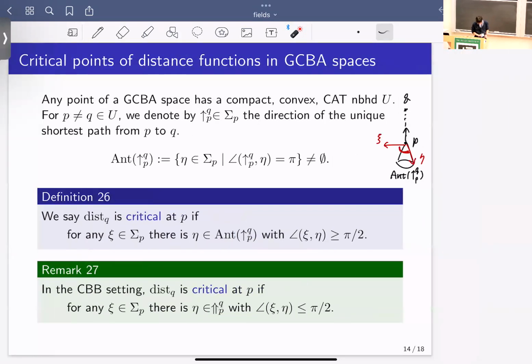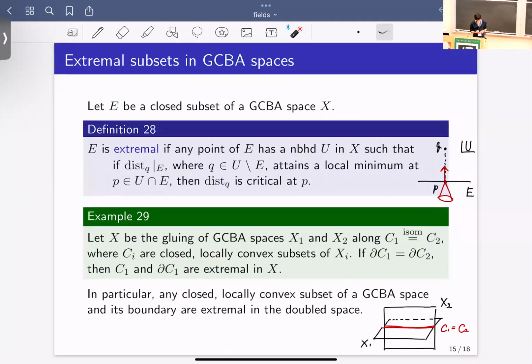Okay, so now we can define extremal subsets almost the same way as before, except for the definition of a critical point.